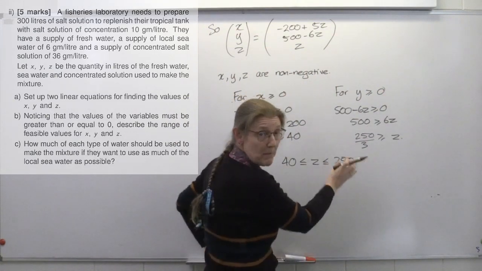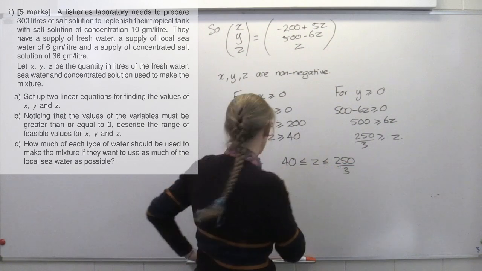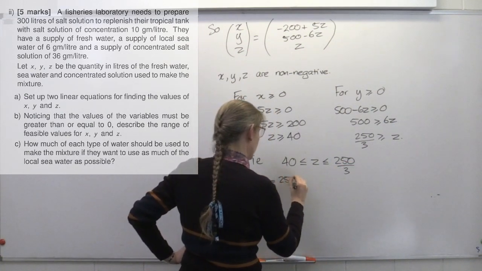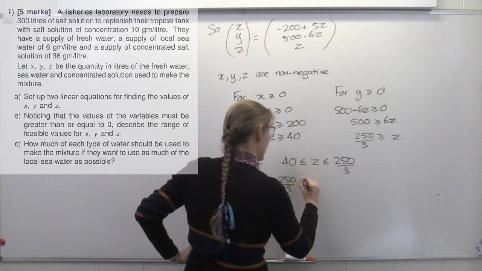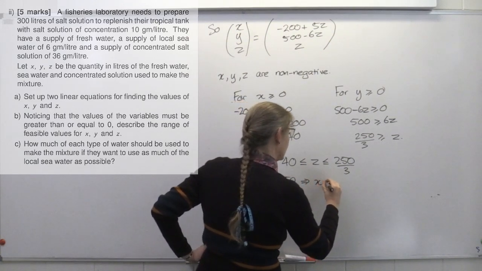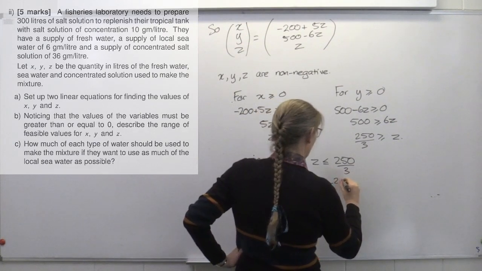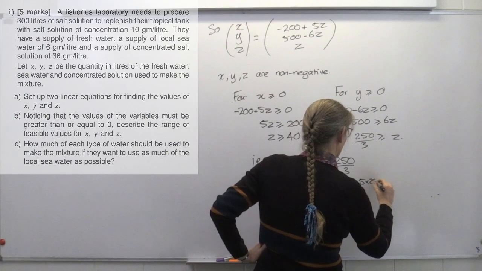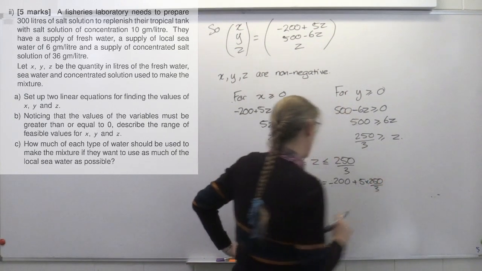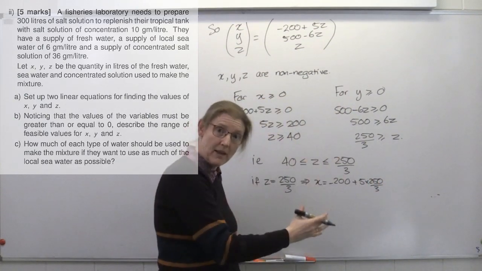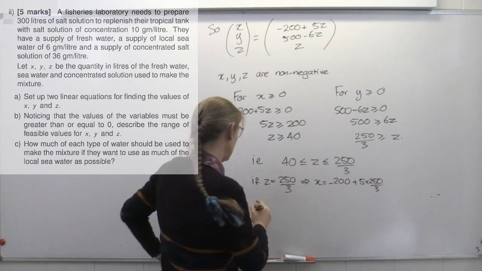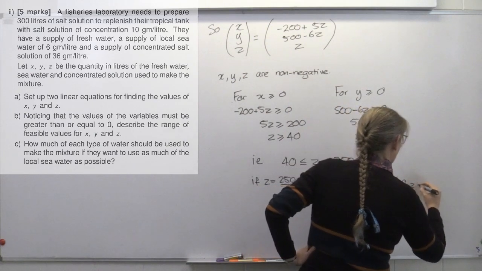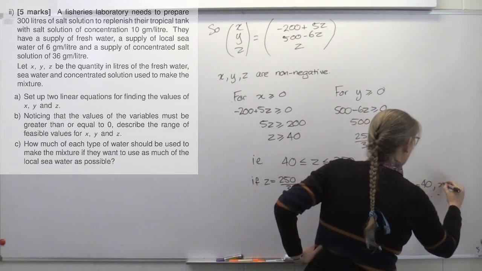This is the upper bound that we've got for z. So if z is equal to 250 on 3, that tells us that x is equal to minus 200 plus 5 times 250 on 3. And that gives us the upper bound for x. If z equals 40, remember, x is equal to 0.